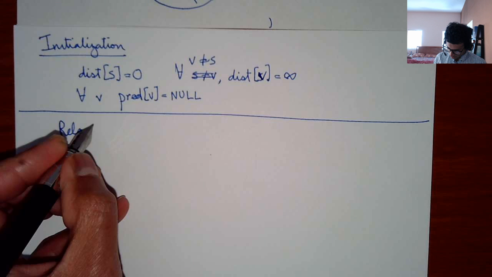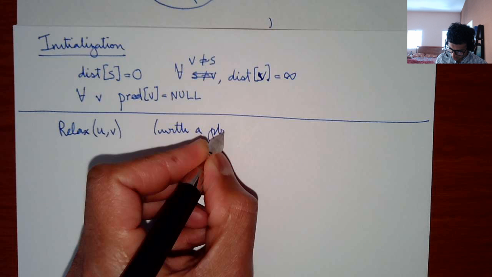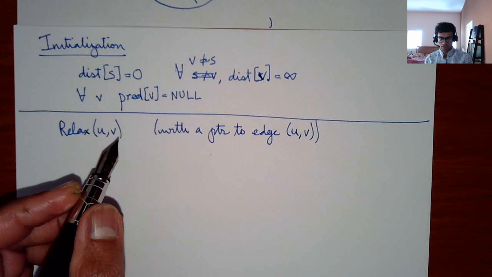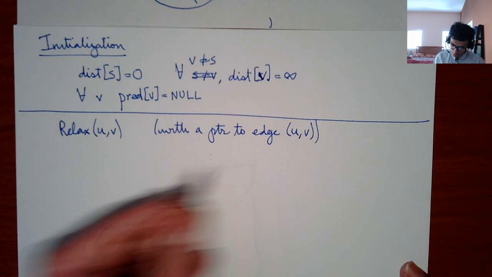Relax is going to take two vertices, and technically it's a pointer to the edge uv. If uv didn't exist, then relax is not going to be called. It's only going to be called on edges.